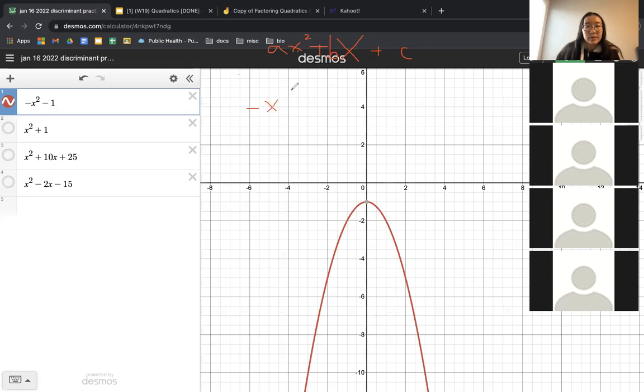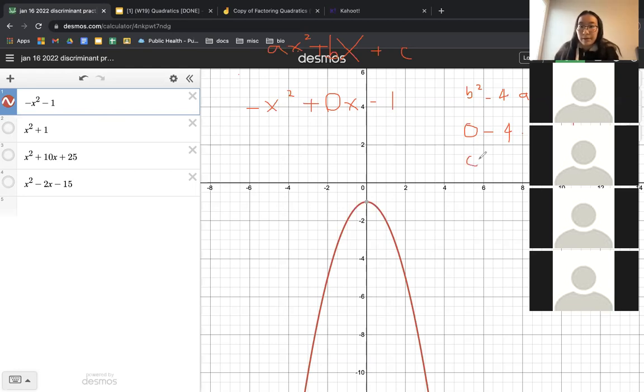So imagine b to be a 0. The full form of this equation would be negative x squared plus 0x minus 1. And the discriminant is b squared minus 4ac. So b squared is 0 minus 4 times a is negative 1 and c is also negative 1.